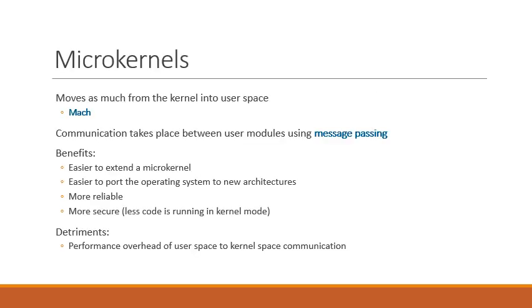Microkernels. As the name hints, the size of the kernel has been reduced. Instead of having one large big kernel as in monolithic approach, microkernel approach removes all non-essential services from the kernel space to the user space.